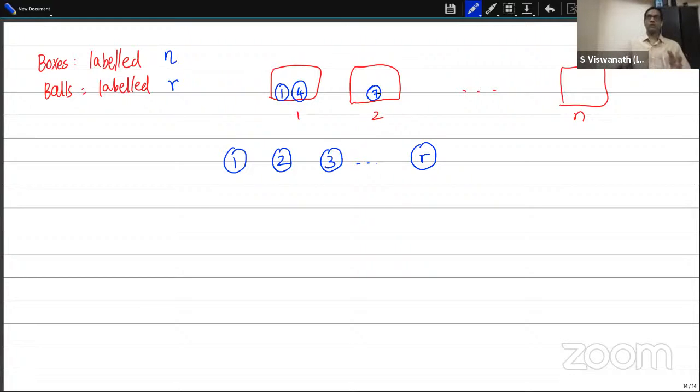I will consider 2 configurations as the same only if each box number k contains the exact same labeled balls. Otherwise, even if any one box has one ball which is different, I will think of it as a different configuration. So is the question clear?